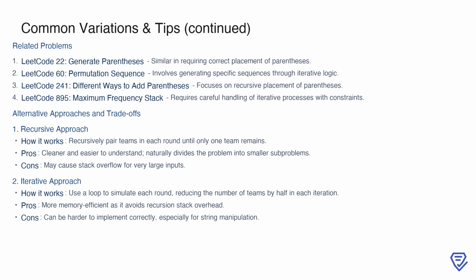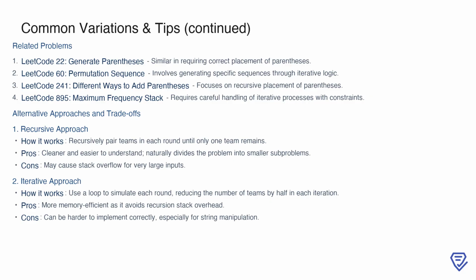Similar problems include LeetCode 22, Generate Parentheses, which also requires proper placement of parentheses, and LeetCode 60, Permutation Sequence, which involves generating specific sequences through iterative logic. LeetCode 241, Different Ways to Add Parentheses, emphasizes recursive placement, and LeetCode 895, Maximum Frequency Stack, focuses on iterative processes with constraints.